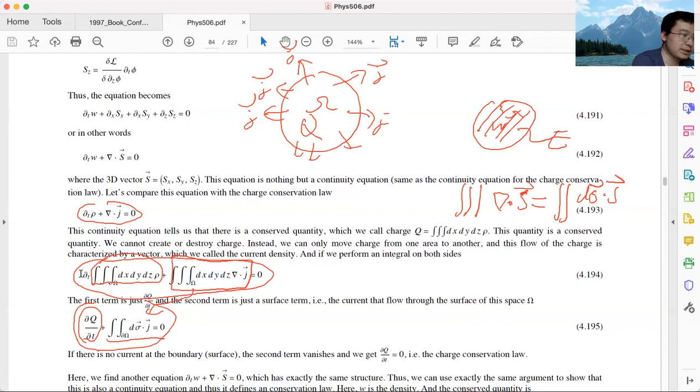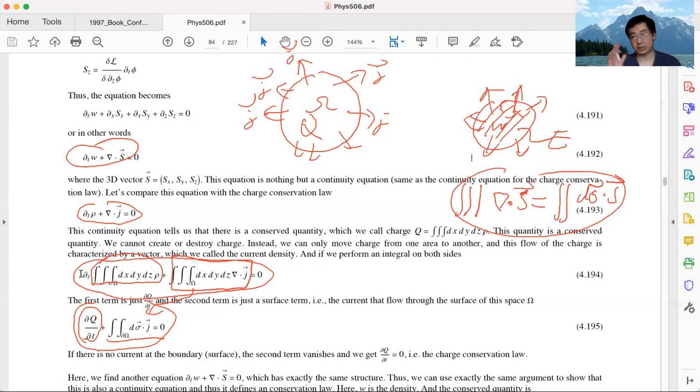This surface integral measures the current of energy that flows out of the system through the surface. The energy conservation law tells me that if my energy is changing inside this area, then there must be some energy flow through the surface. That's described by this term. So this is energy conservation.